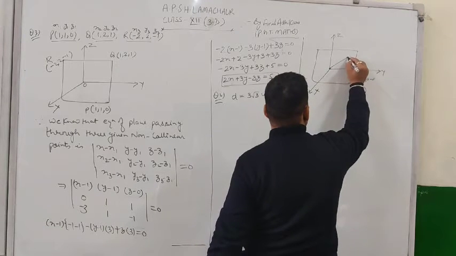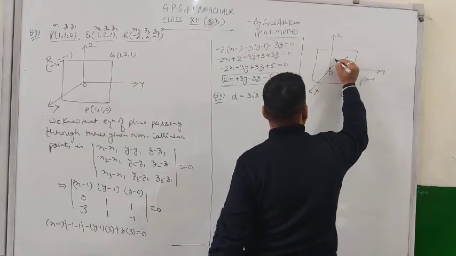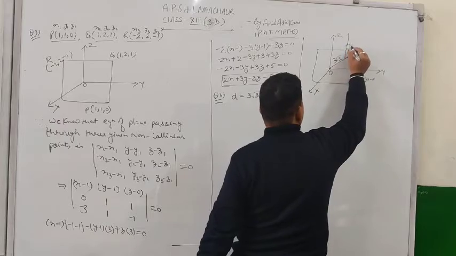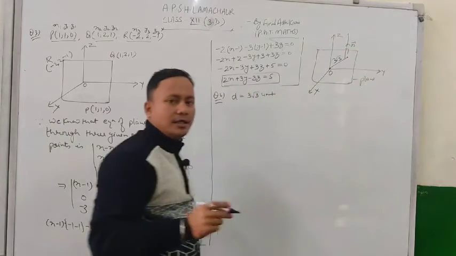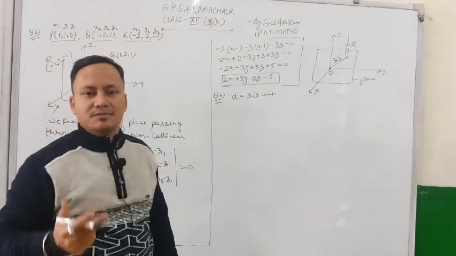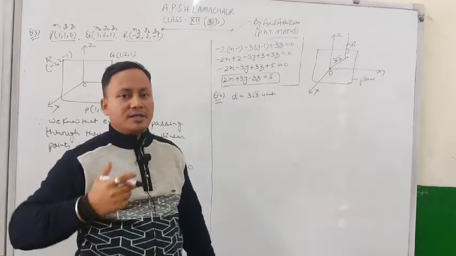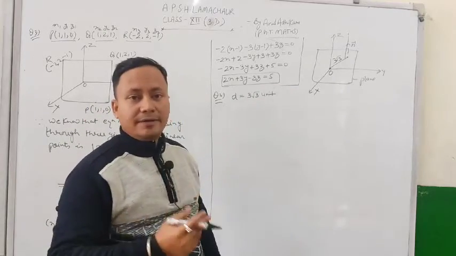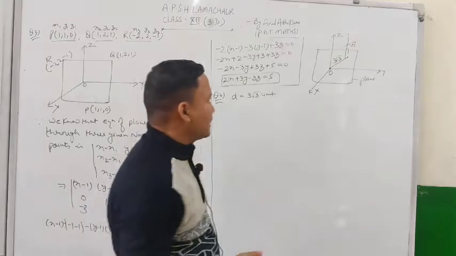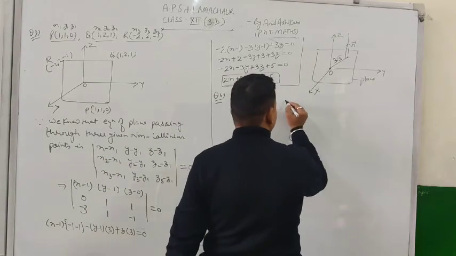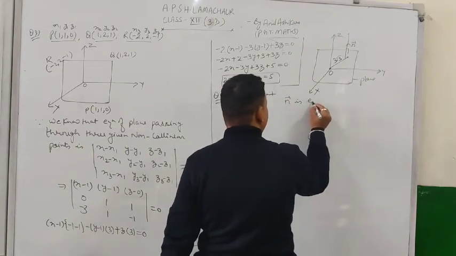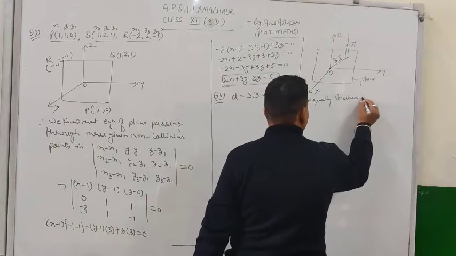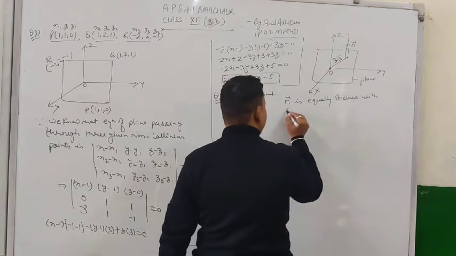Its distance from the origin is given as 3√3 unit, and its normal vector is making equal angles. Equally inclined means equal inclination. The normal vector of the plane is equally inclined with x, y and z axis. It means that the normal vector is equally inclined with the coordinate axes.